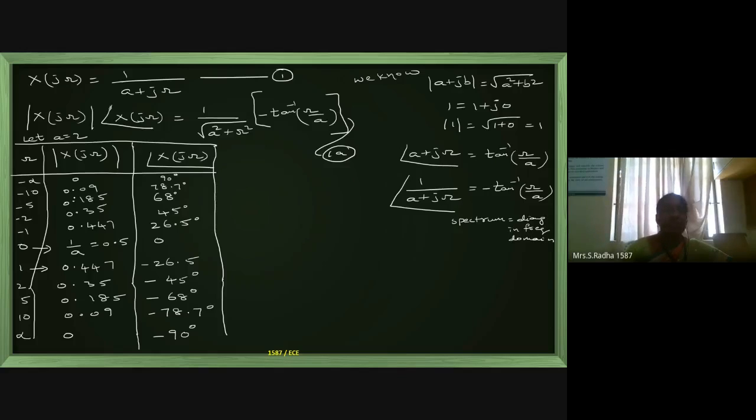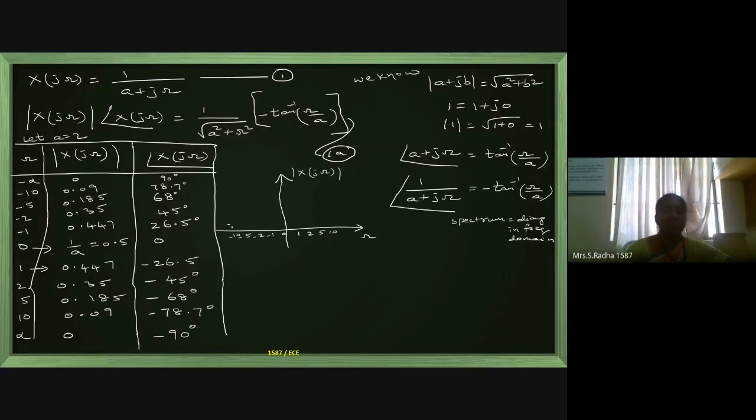So what I will do, I have a tabular column here. I will take first column and second column values. Second column is mod X of j omega, and first column is omega. Initially it is 0, then 0.09. I will take x-axis plus 1, 2, 5, 10, infinite. 0 is there. Minus 1, minus 2, minus 5, minus 10, minus infinite.